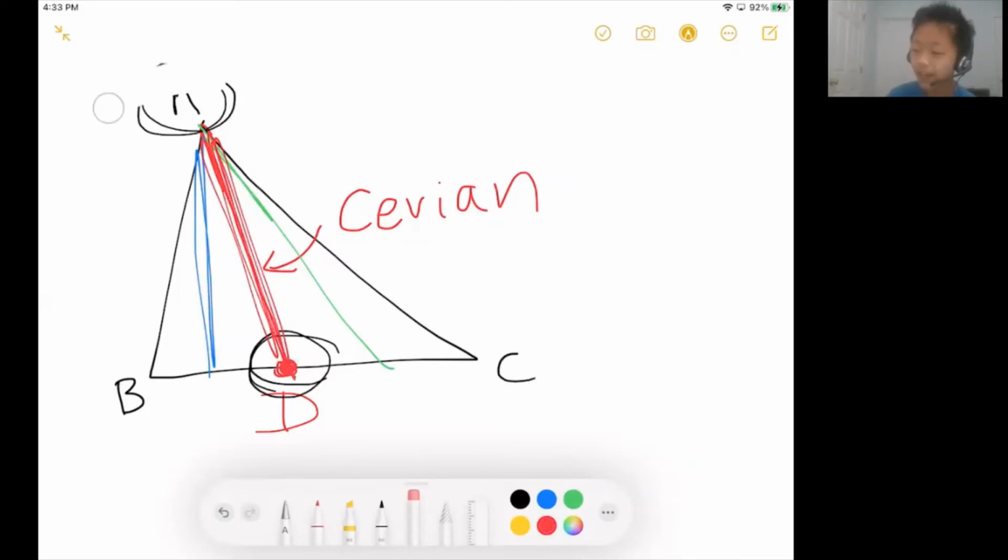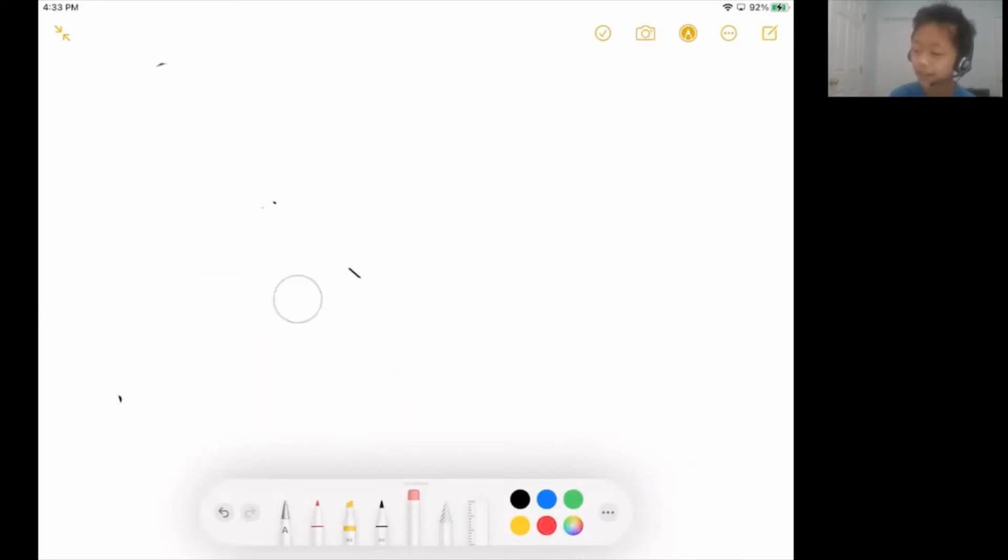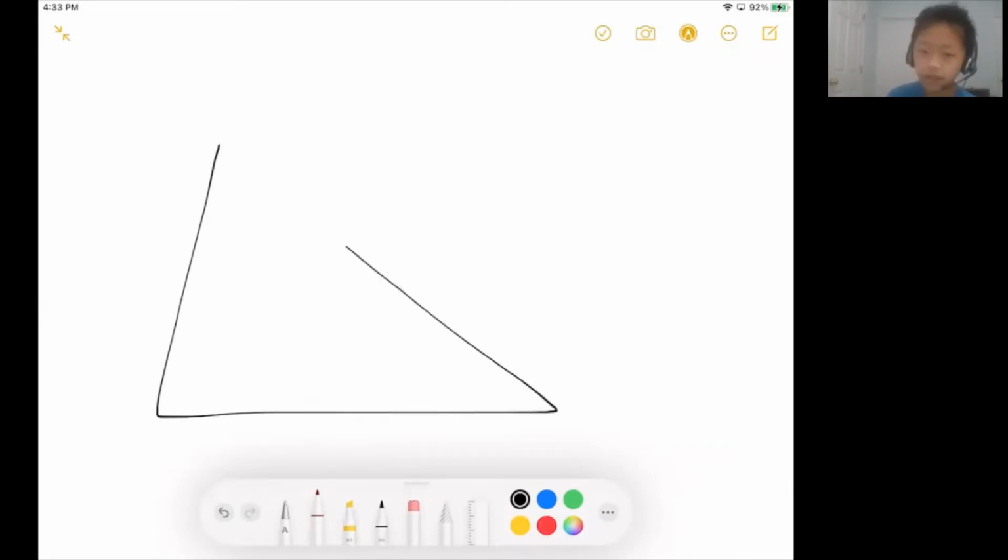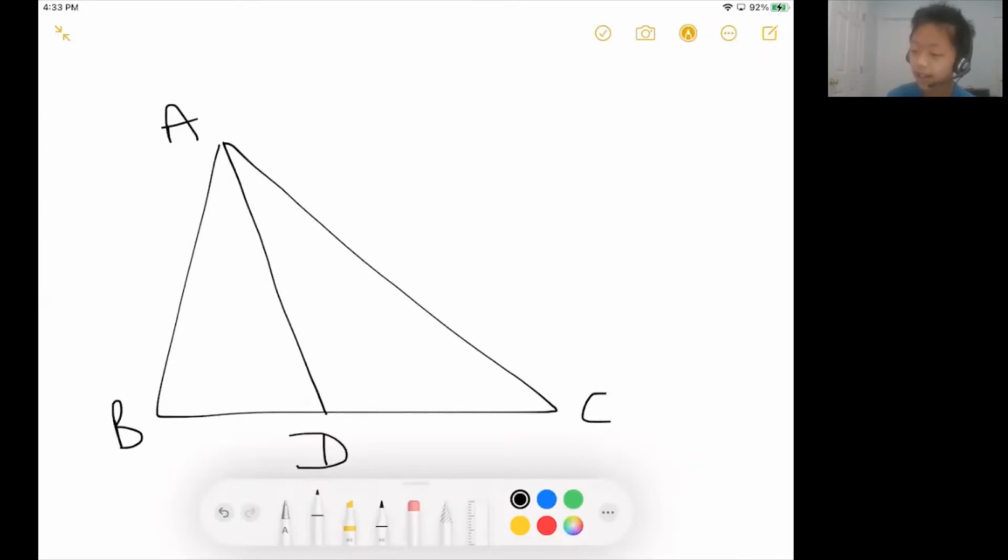Let's redraw the triangle. If we redraw triangle ABC with one Cevian AD, and let's say we had another point E somewhere over here, then BE is similarly another Cevian of the triangle.